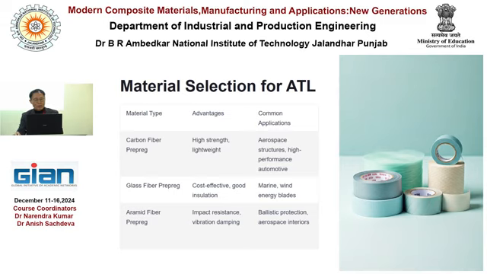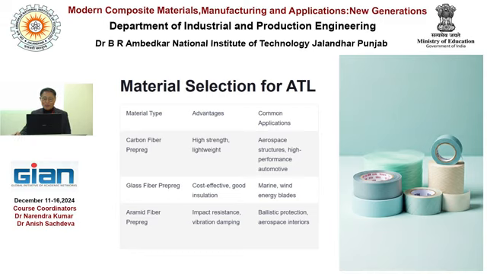So the material types used for ATL are basically carbon fiber prepreg, glass fiber prepreg, and aramid fiber prepreg. Okay? So now you easily know the differences between carbon fiber, glass fiber, and aramid fiber, right? And you now grasp each advantage well.